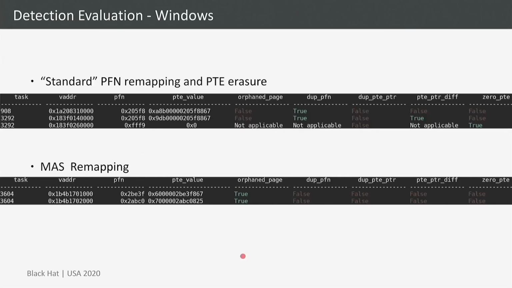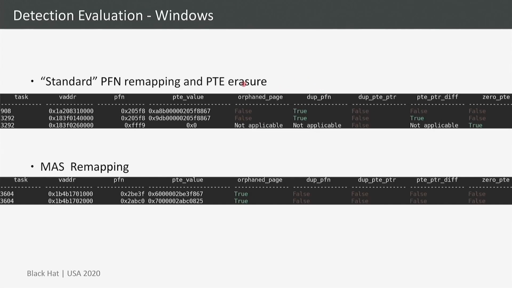Okay, here are some examples for detection on Windows. In the first case, we have an output of our Recall plugin for the standard PFN remapping, not our modified version, so how it would look in the output if we used the standard version, and also for the PTE erasure. The first 2 entries here are output for the PFN remapping. We can see in the .pfn column that we have a true for the first 2 entries.